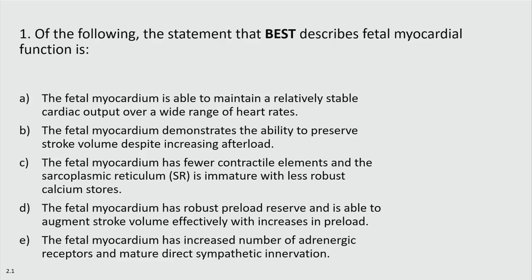D, the fetal myocardium has robust preload reserve, and it's able to augment stroke volume effectively with increases in preload. And E, the fetal myocardium has an increased number of adrenergic receptors and mature direct sympathetic innervation. So choose your answer.